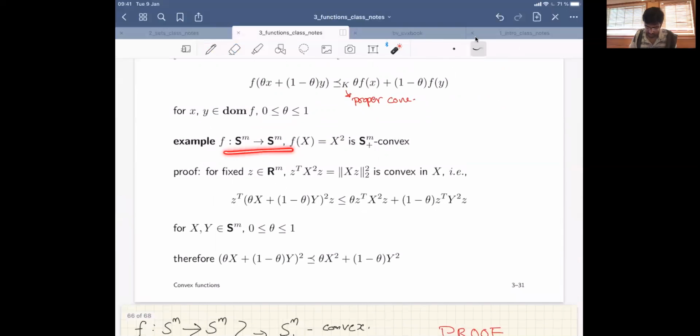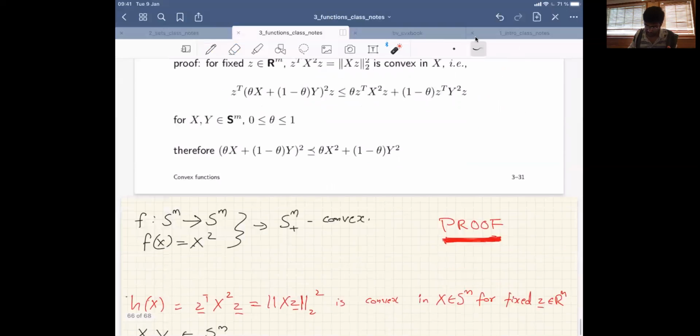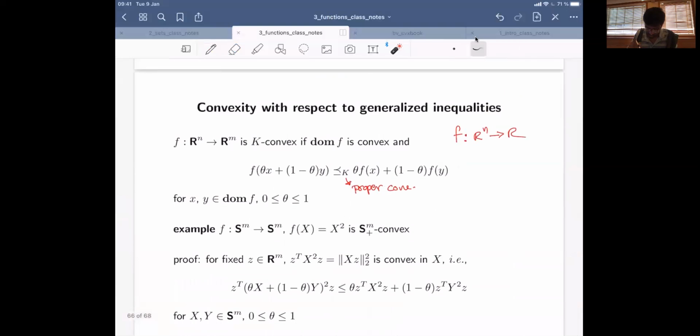A function which is mapping from symmetric matrices to symmetric matrices, given by f of X equal to X squared, so X times X. If this is satisfied, then we call this K-convex.